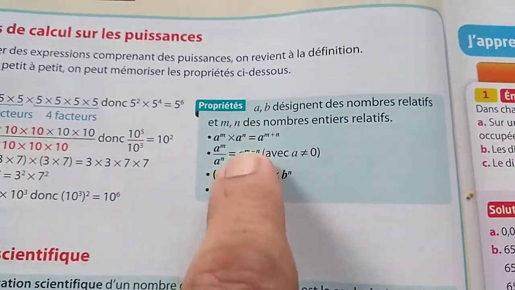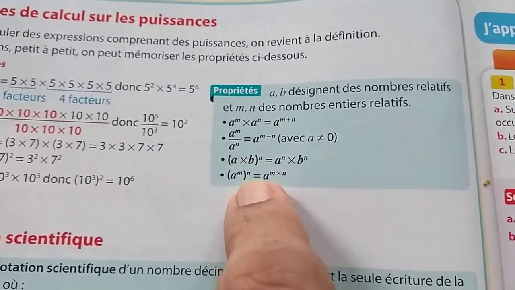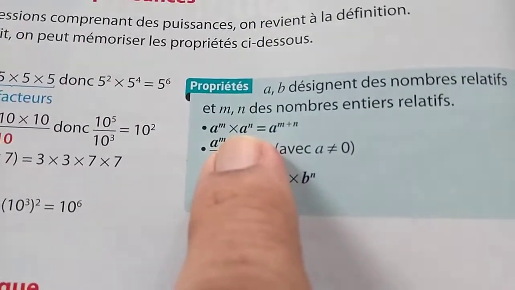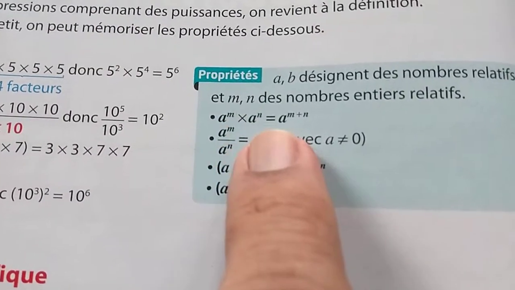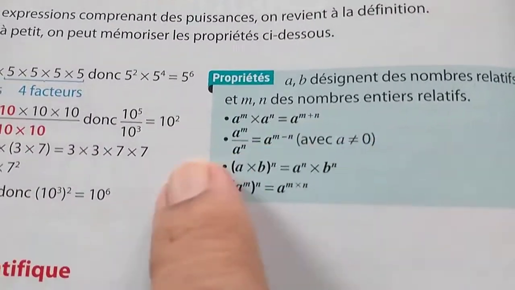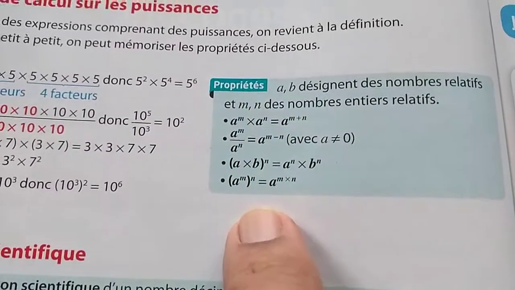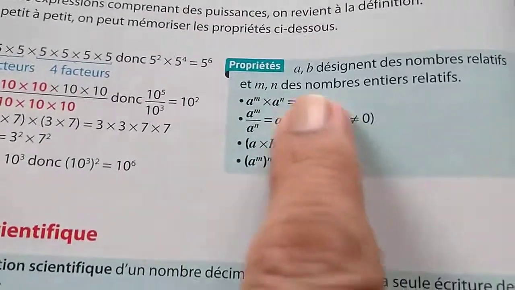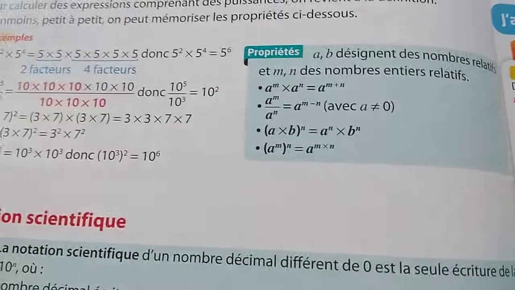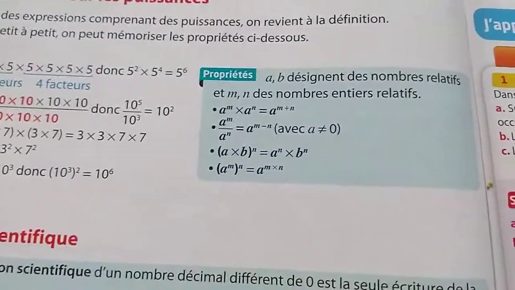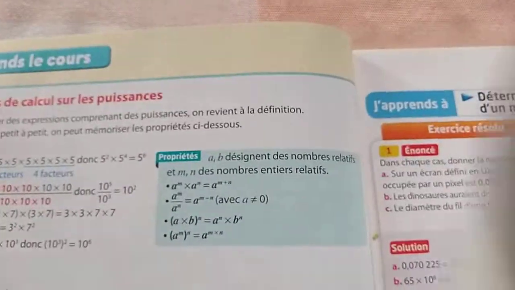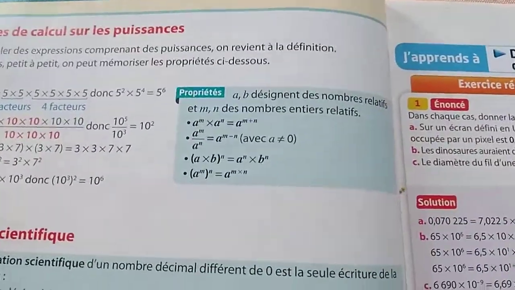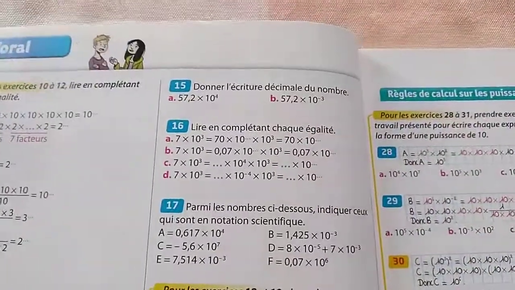So this is a thing to help you remember how a to the power m into a to the power n is equal to a to the power m plus n. Similarly, all of these relations you've done. I've proven these to you in the videos for chapter 6 of the last book. And so some of these problems will deal with manipulating powers.